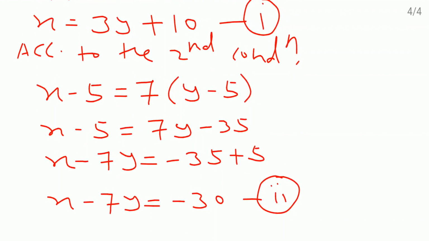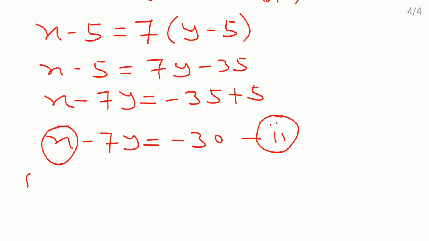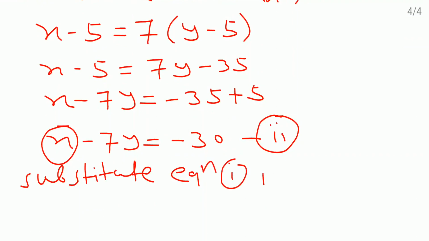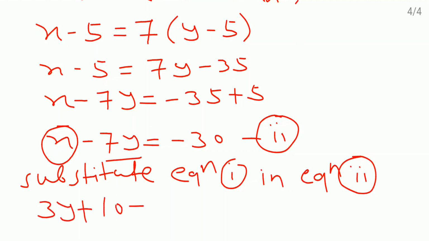I'll substitute equation 1 in equation 2. Correct? At this place, I'll substitute the value of equation 1. So here I'll just write down, substitute equation 1 in equation 2. Correct? At place of x, I will substitute the value now. What is that value here? 3y plus 10 minus 7y as it is.